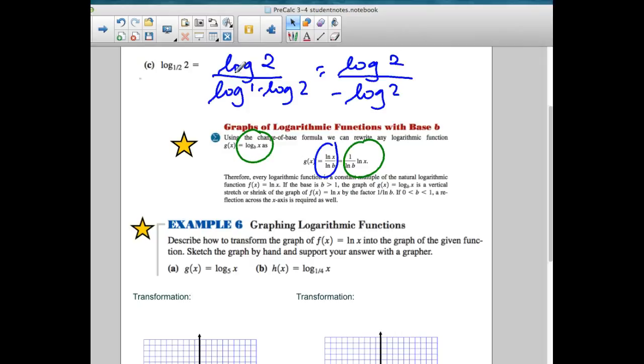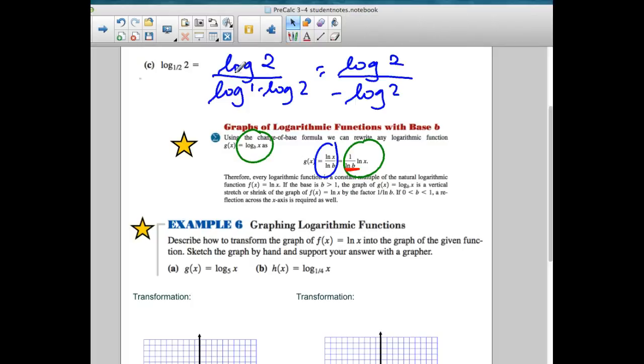So remember that constant that we see in front, that 1 over natural log of b? It's going to come out to be a decimal most of the time. Okay? If that decimal number is bigger than 1, it's going to be a vertical stretch. If that decimal is between 0 and 1, it's going to be a vertical shrink. Yes? Okay.